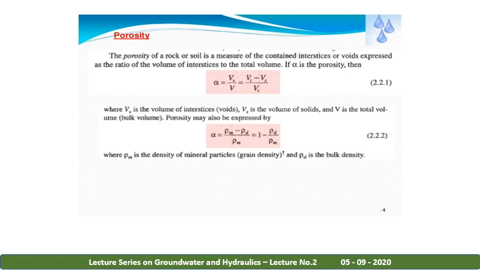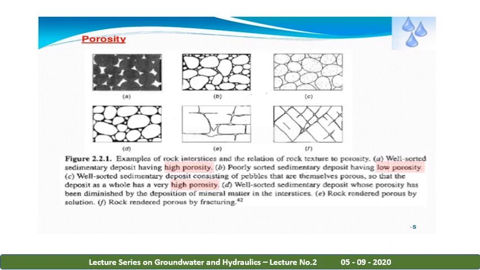VV is the volume of interstices, that is voids. VS is the volume of solids, and V is the total volume, that is bulk volume. Porosity may be expressed as alpha equals (V minus VS) divided by V. The density of the mineral particles and the bulk density can also be used.